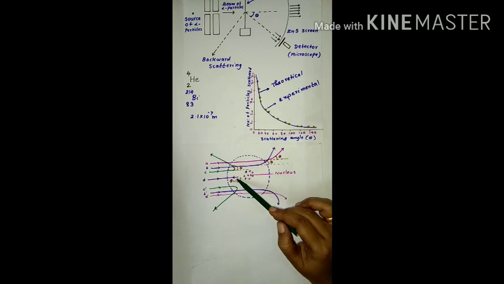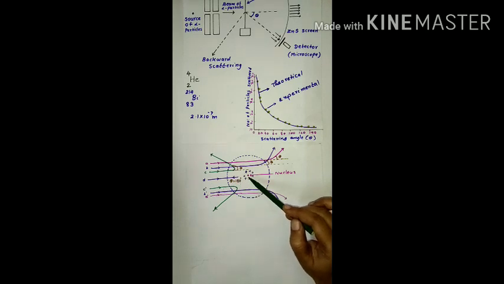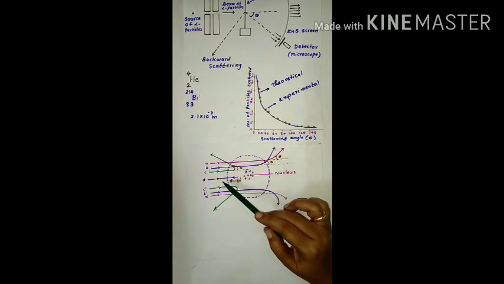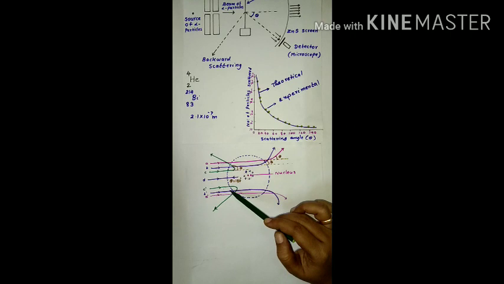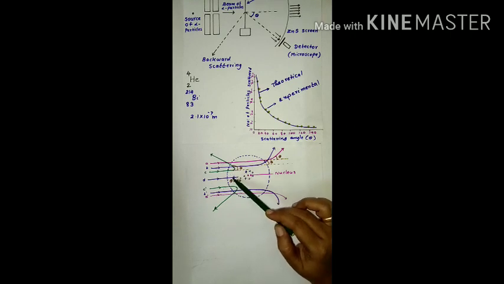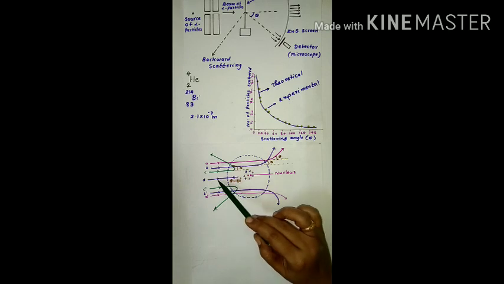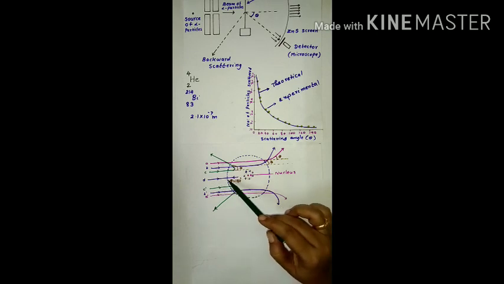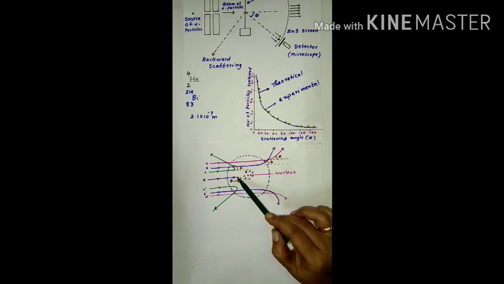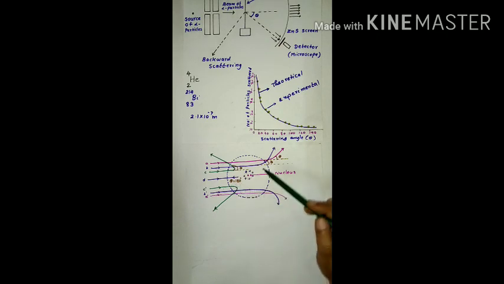The positively charged alpha particle repels from the positively charged nucleus of the atom. So the alpha particles B, B dash, C, C dash and D suffer large angle scattering. Alpha particle D rebounds, that is head-on collision.